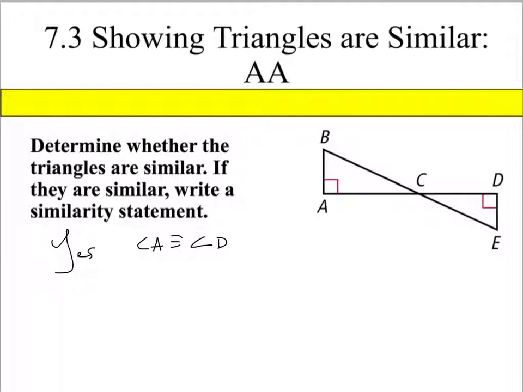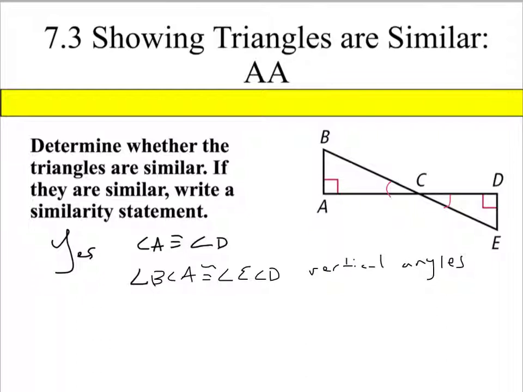We also know that angle BCA is going to be congruent to angle ECD. How do we know that? Well, those are our vertical angles. And the reason why we can definitely say that is because of the vertical angles theorem.